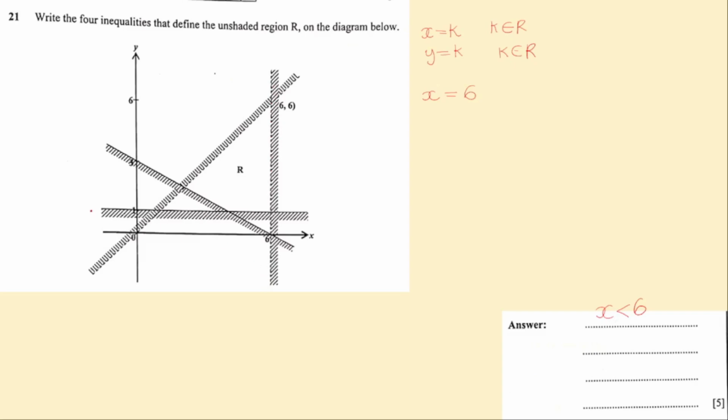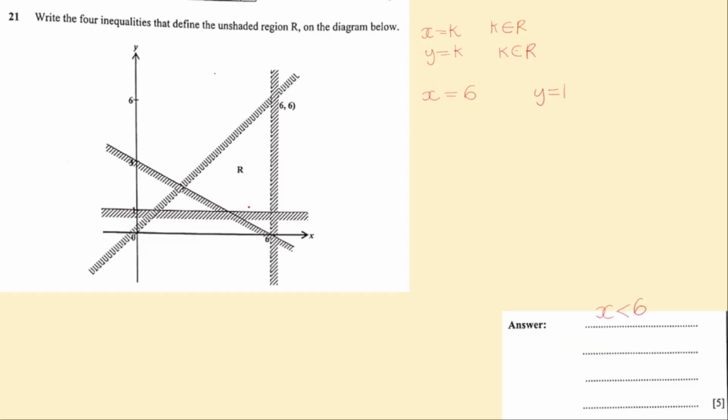We're going to move to the horizontal line. So all the points that lie on this horizontal line will have a y-coordinate of 1. Therefore, y is equal to 1 is the equation of this boundary line. But we have to think about the unshaded region.